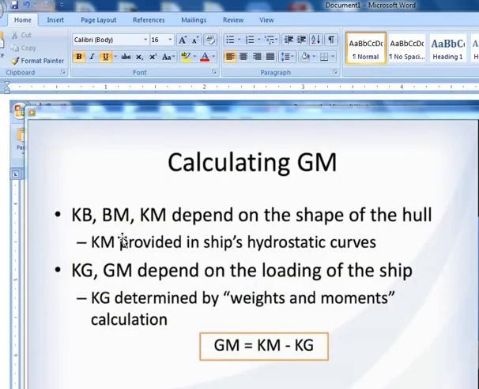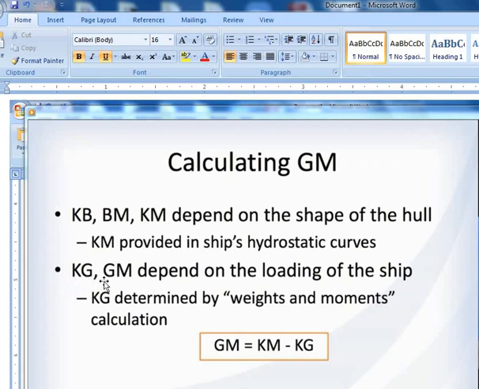So when you have a block, and you want to calculate the KB, the BM, the KM, all will depend on the shape of the hull. And now we know the shape of the hull. The KM is provided in the ship's hydrostatic data. When you want to get the KM, normally, like I said, we will go through it for you to understand.